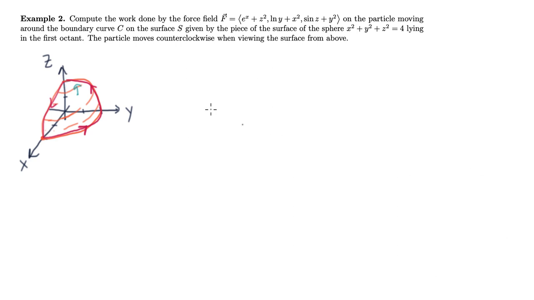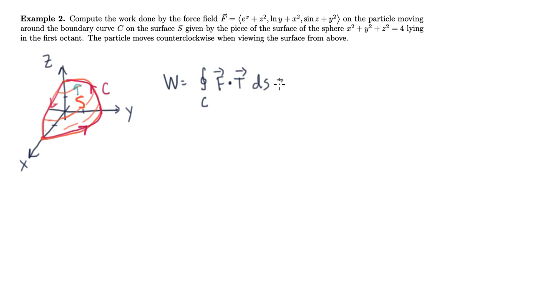Okay, so what we really want, if this is our curve C, and then our surface is S, so the work done is this line integral over C of the vector field in the tangent direction. But we want to use Stokes' theorem and actually solve this integral as a surface integral.